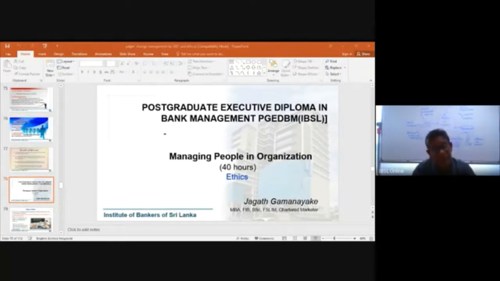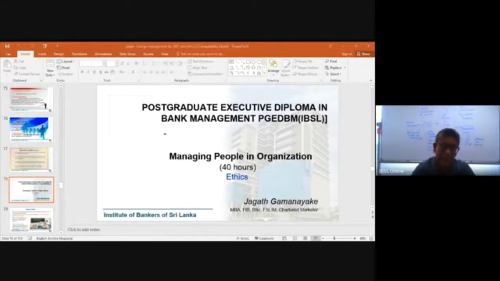Or you purposely reduce your profit to avoid taxes. On both occasions it is a financial fraud. That is called creative accounting. As a result, you see a lot of big institutions collapse. So that is one of the main business ethics issues we are facing.